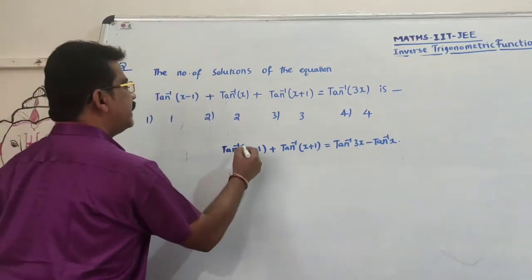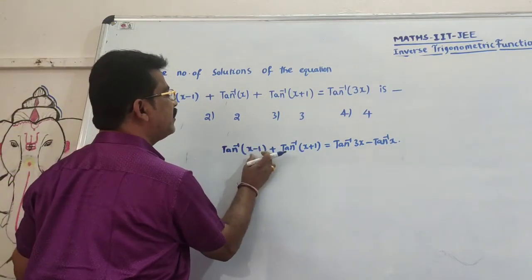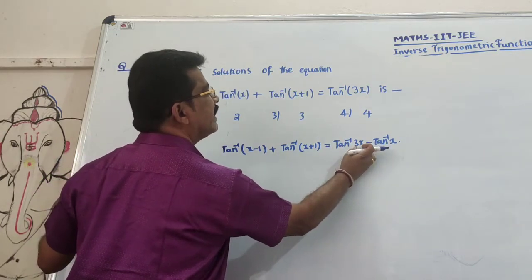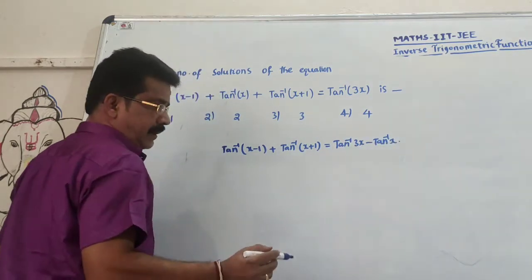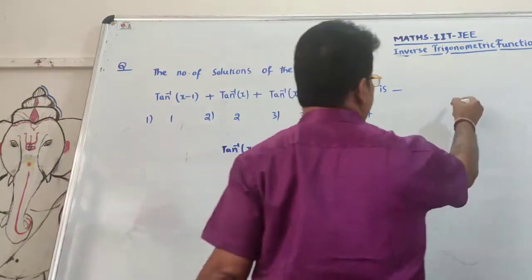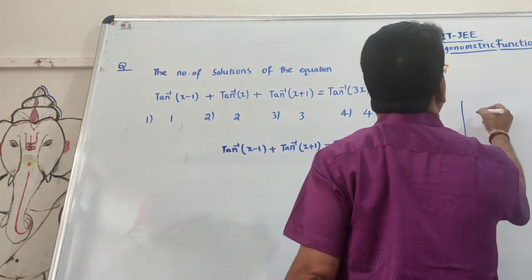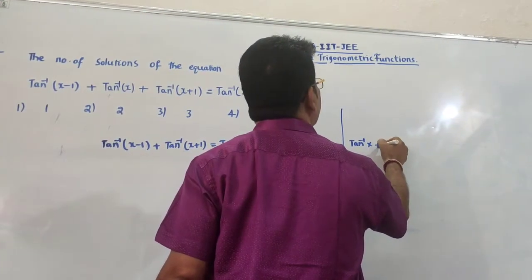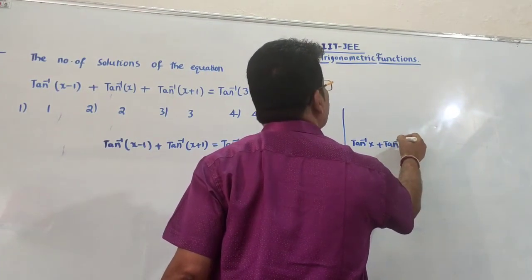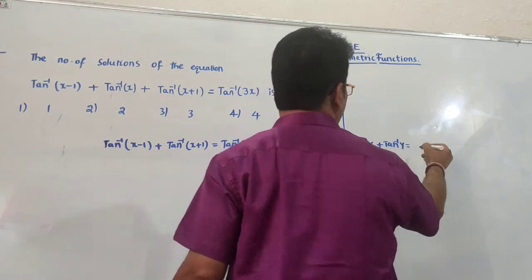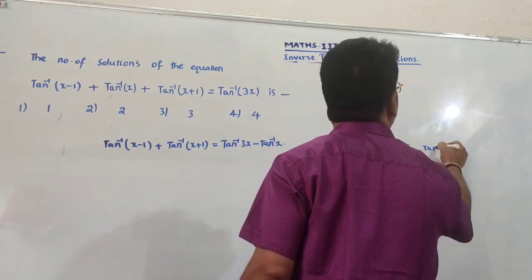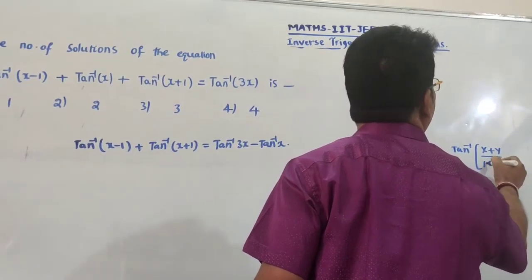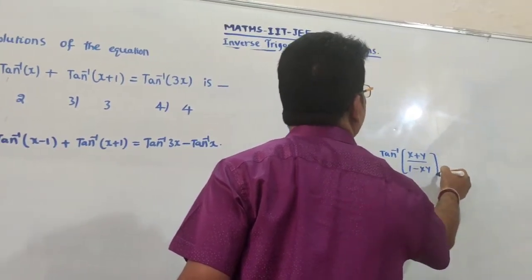Now it is in the form of tan inverse of x plus tan inverse of y, and here also tan inverse of x minus tan inverse of y. The standard formula: tan inverse of x plus tan inverse of y equals tan inverse of x plus y divided by 1 minus xy.